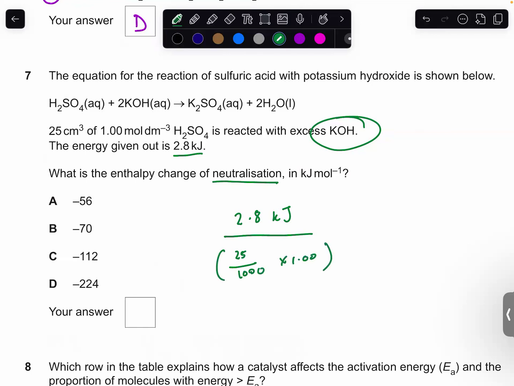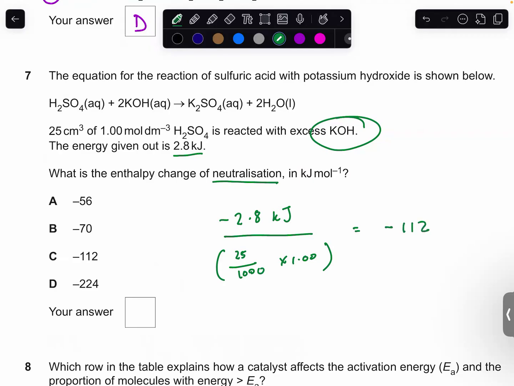Let's see what this gives us. 2.8 divided by 0.025 gives you, energy is given out, so that's minus 112.